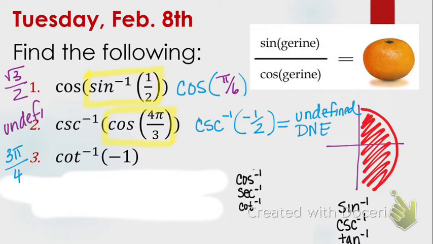Okay, any questions about our warm-up? So we're going to finish out just practicing finding our composites today. And then tomorrow we're going to start 7-3, which is solving equations using, again, only using a unit circle for our equations. All right, take a second and copy down our next examples.